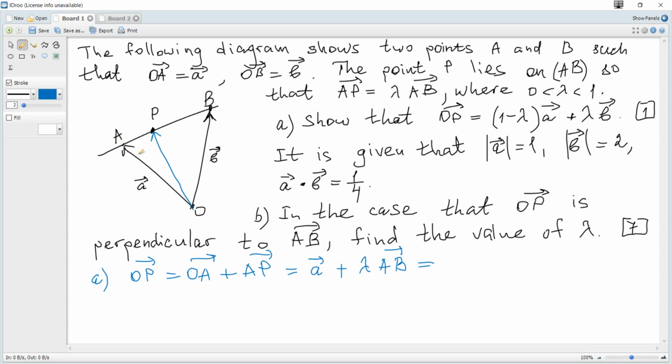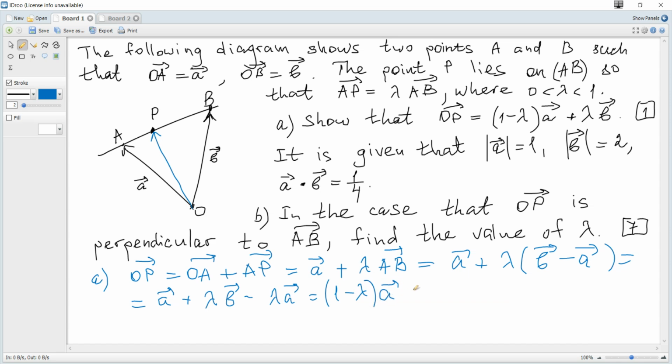You move from A to B, so it becomes AO plus OB, but AO is in the opposite direction, so it's minus a plus b. So it becomes a plus lambda (b minus a), which is a plus lambda b minus lambda a, and it's (1 minus lambda) a plus lambda b, as required.